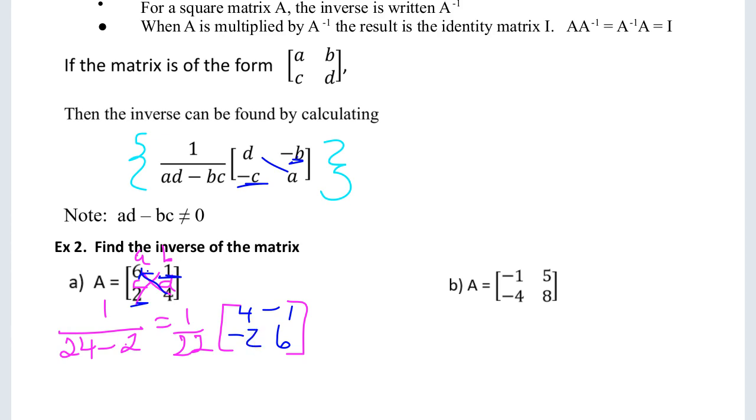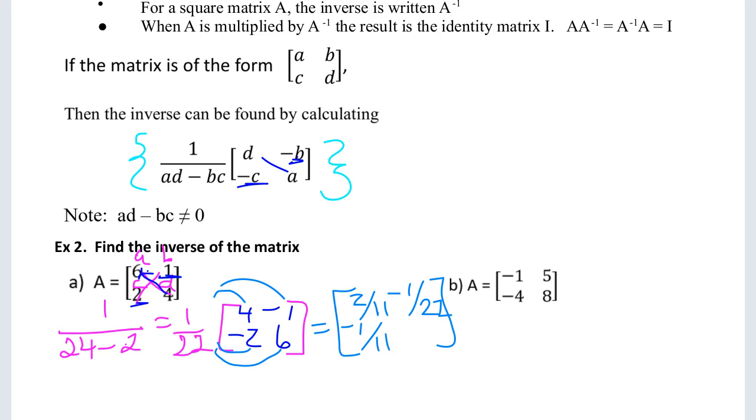From there, it's like a scalar multiplication where you're just going to multiply the 1 over 22 through to all elements, not just the first one, with the result of 2 over 11, -1 over 22, -1 over 11, and 3 over 11. Making sure that you notice we reduce the fractions as we multiply through, like 4 over 22 divided by 2 became 2 over 11.